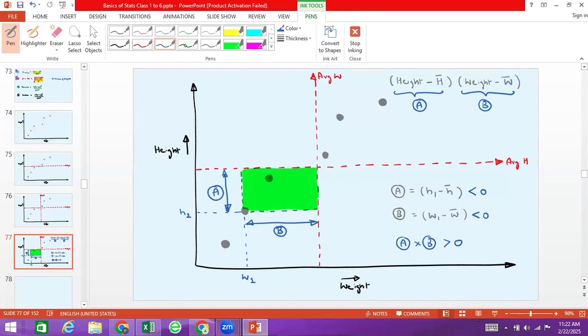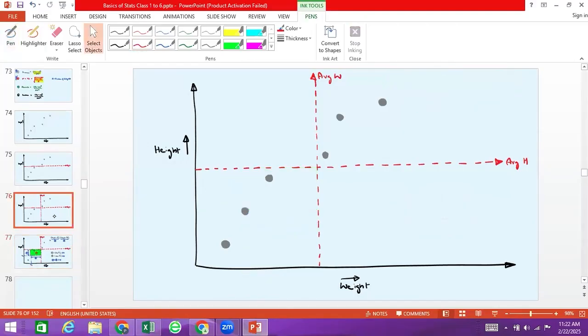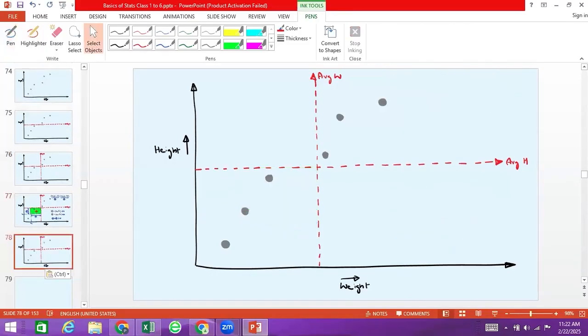So this area that I see over here, let's call it the positive area. Okay, this is a positive area. Now let's pick some other point, some other point in some other quadrant maybe. Let's talk about this one.